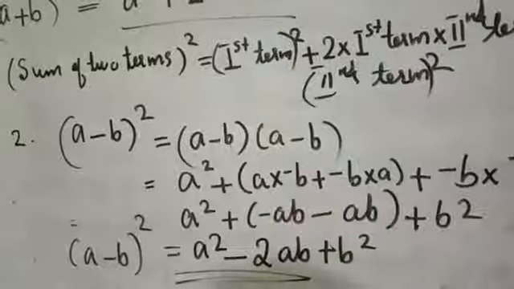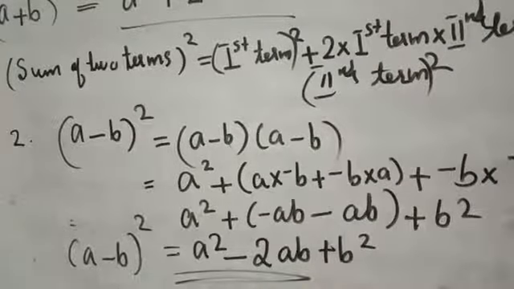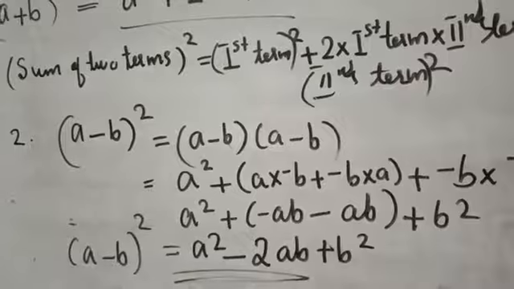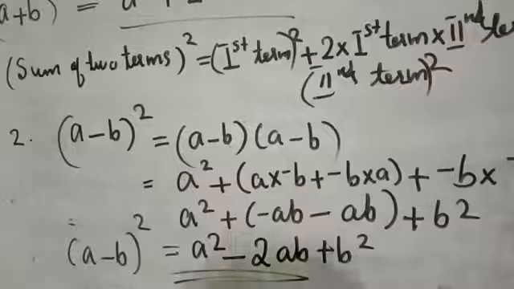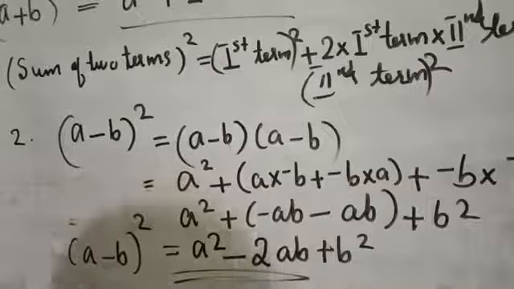A plus b the whole square is a square plus 2ab plus b square, and a minus b the whole square is equal to a square minus 2ab plus b square. That is difference of two terms. A minus b means difference.